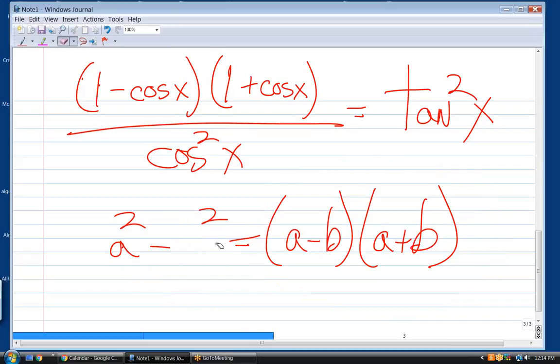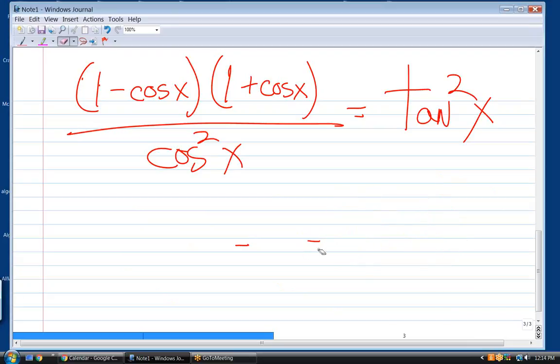So what does 1 minus cosine x times 1 plus cosine x equal, based on that? There's no middle term. That's the thing. In other words, when you have 1 minus something times 1 plus something, the middle terms cancel always.